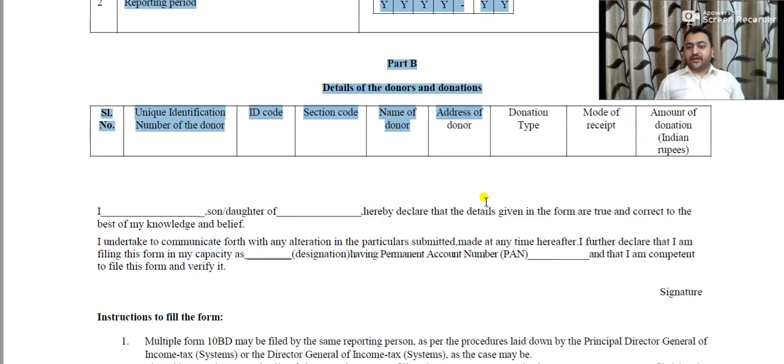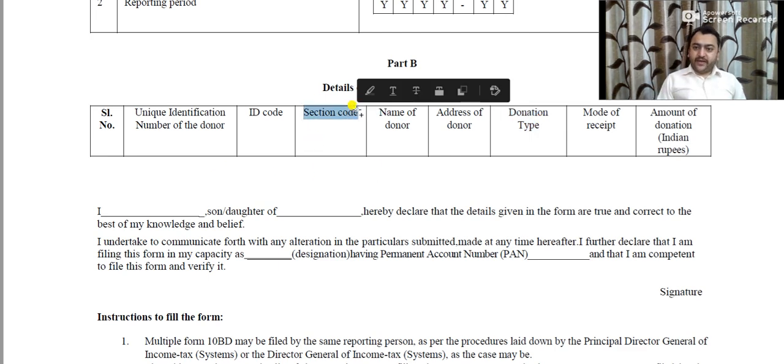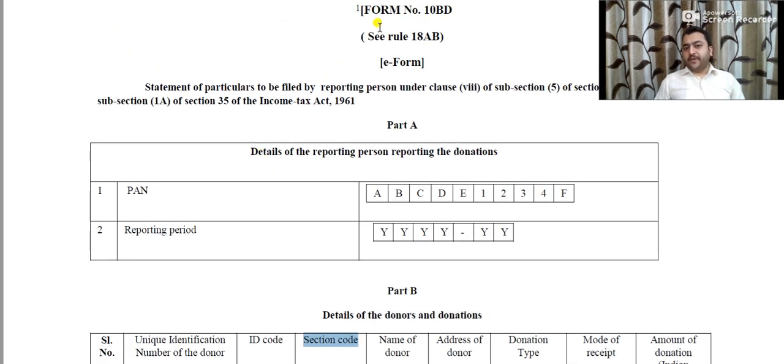Then the type of donation will come from here, whether it was a corpus donation, specific donation, or others. Then the section code will come from here. So in Form 10BE, which is the donation certificate, all the particulars and information will be picked from Form 10BD only. Now this is for financial year 2021-22.